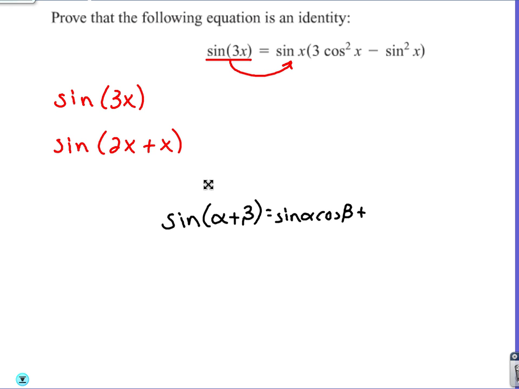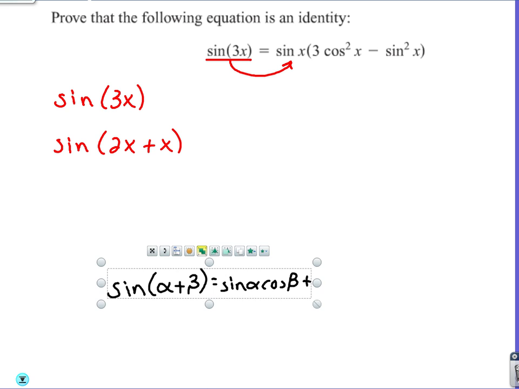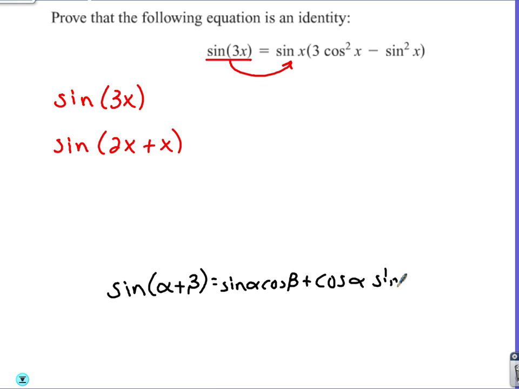Move it down here so I have more room. I could fit this to where here's my alpha, here's my beta. So let's rewrite it. I now have the sine of 2x cosine x plus cosine 2x sine x.